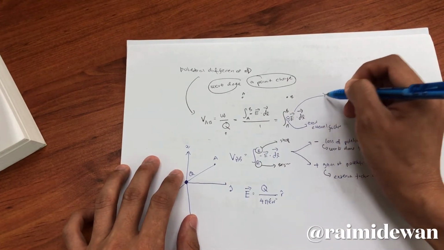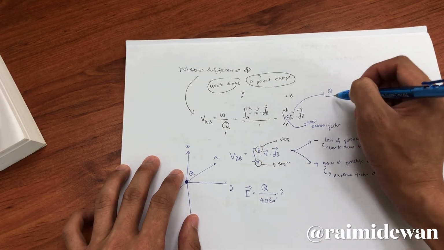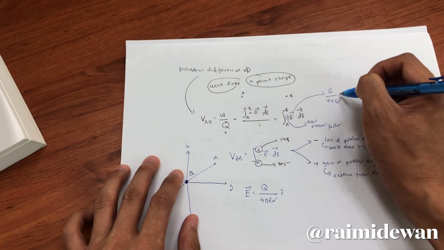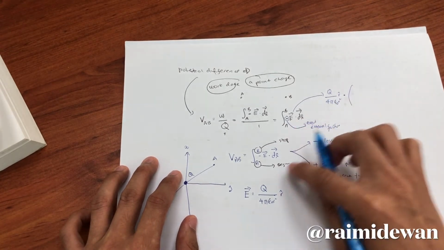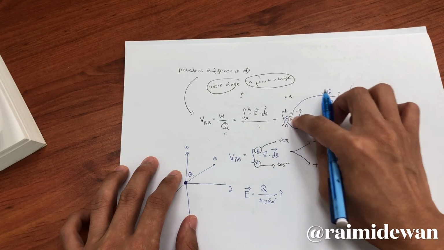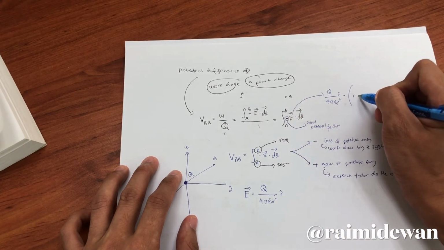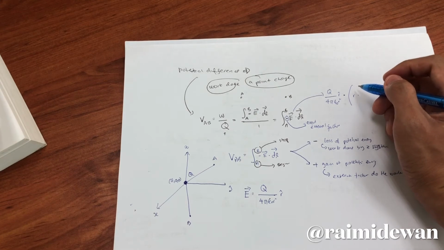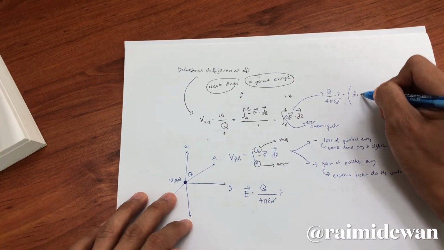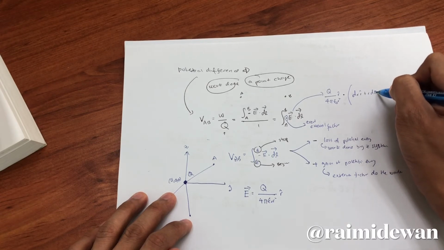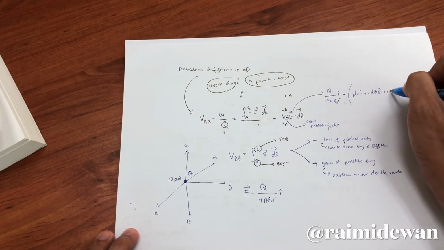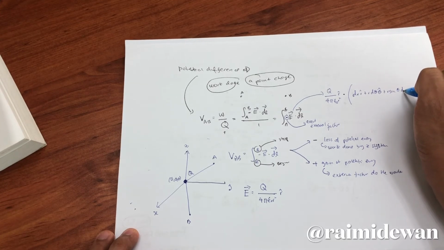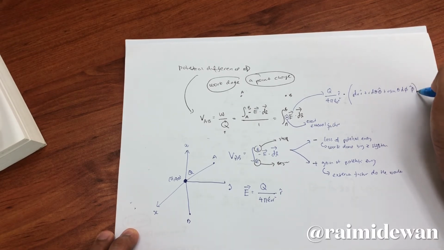You should know that here you have Q over 4 pi epsilon naught r squared, r unit vector, dot product with the spherical differential displacement: dr in the r direction, plus r d theta in the theta direction, plus r sine theta d phi in the phi direction.